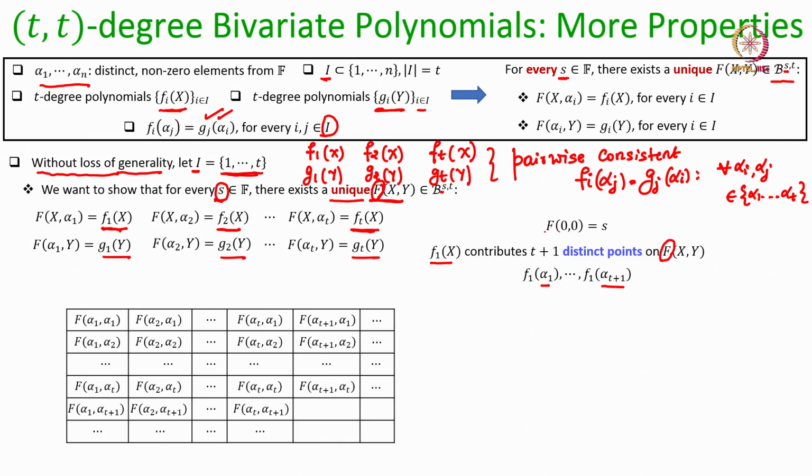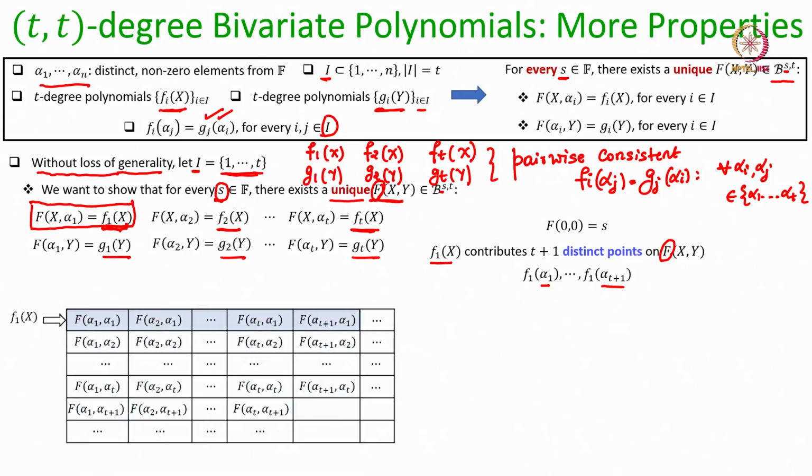So, you have already fixed one point on that unknown bivariate polynomial, but by putting the constraint that the bivariate polynomial when evaluated at y equal to alpha_1 should give you f_1 of x, you are actually fixing t plus 1 more points on that bivariate polynomial.